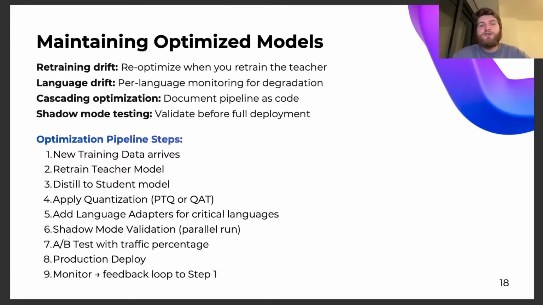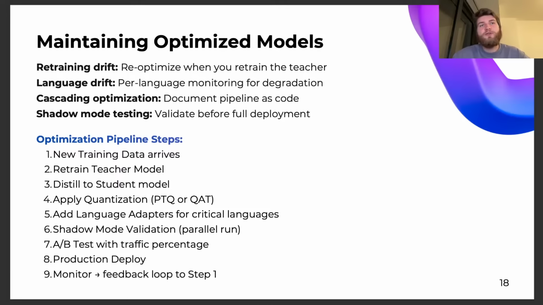When a specific language drops below threshold, trigger investigation and potential retraining. Third challenge, cascading optimization. If you've done distillation plus quantization plus pruning, each layer depends on the previous one. Retraining the teacher means redistilling the student, means requantizing, means repruning, and this is a lot of work.